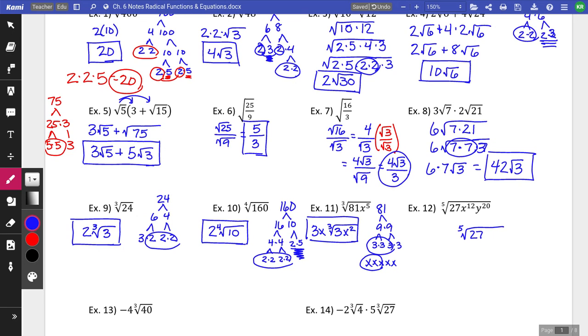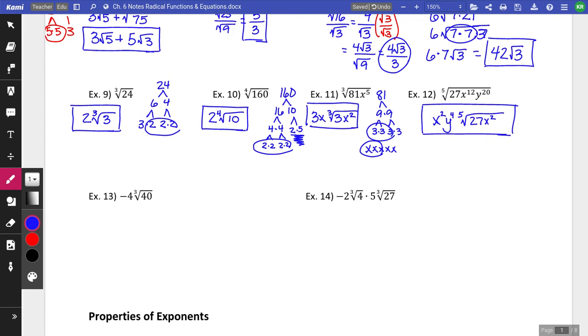Another group will be 10 of those x's. Okay, so I have an x squared. So that means out of the 12 that we started with, you have 2 left over under your radical. And then with your y's, if you've got 20 y's, you can make 4 groups of 5 y's each. Okay, so that's number 12.